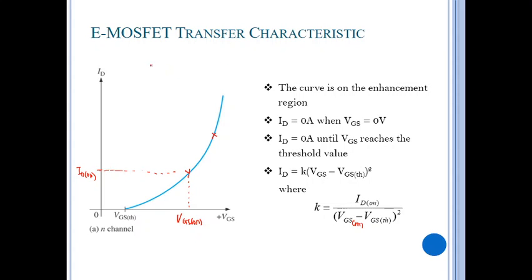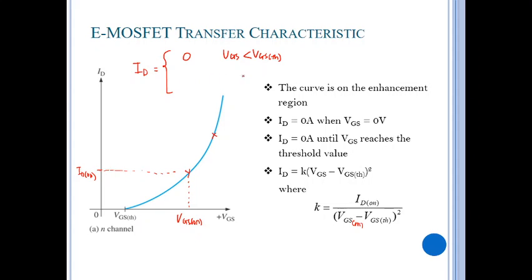So in summary, the mathematical expression for the ID can be written as this. ID is 0 when VGS is less than VGS,TH.